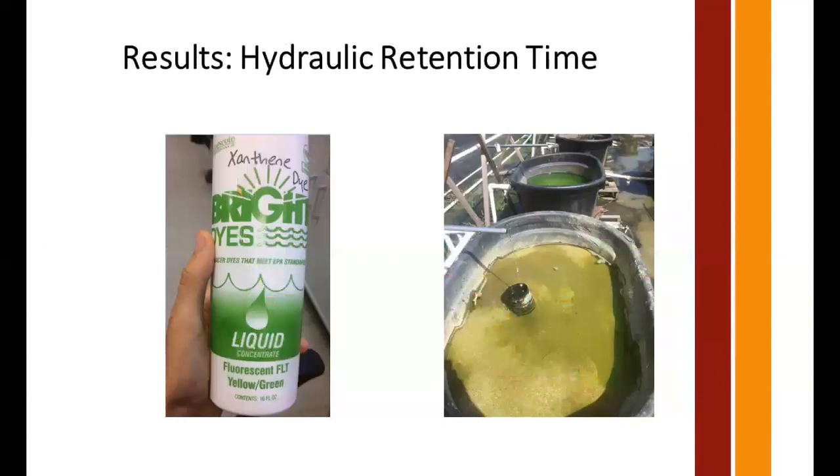Okay, so now that we believe we have excessive retention times, at the end of the 12 weeks, I conducted a quick hydraulic retention time experiment, injected bright green dye into the system, and monitored it as it flowed through the reactors for 12 hours.